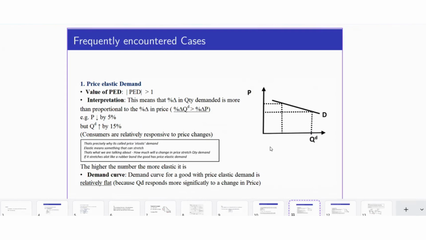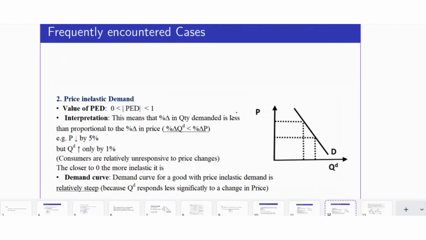But if quantity demanded does not stretch much in response to change in price, we say the commodity has inelastic demand, right? And so in that case, the percentage change in quantity demanded is less than the percentage change in price. So we have inelastic demand, and a commodity with inelastic demand has a relatively steep demand curve.